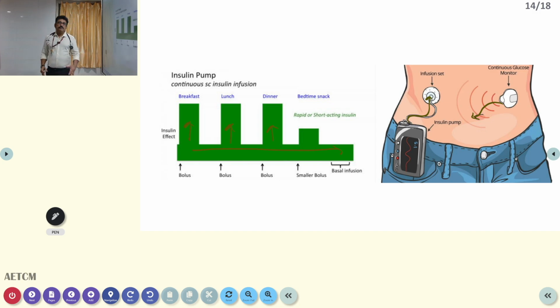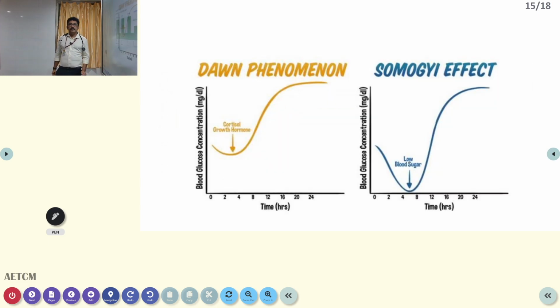So it resembles our pancreas. Throughout the day, it produces insulin to control the basal blood sugar value. Then whenever we take food, the pancreas releases a lot of insulin that produces a surge of insulin and controls the blood sugar.